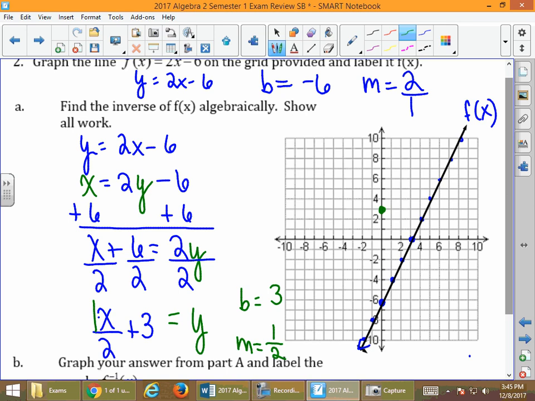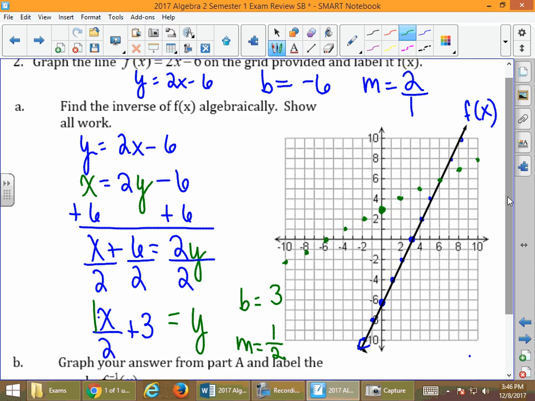And then our slope is 1/2. Up 1 to the right 2, repeated. We could also go down 1 to the left 2, repeated.